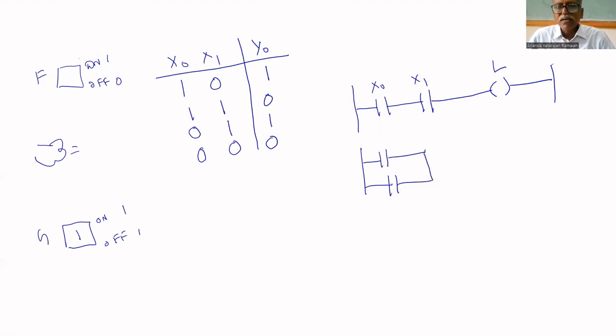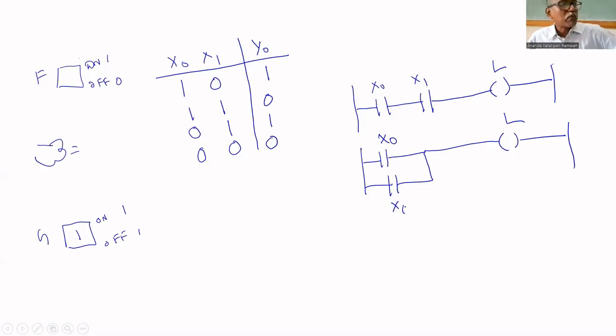Already we have seen OR logic. If this is on, or this is on, the lamp will be turned on. So if you put two switches in parallel, this is called OR logic.